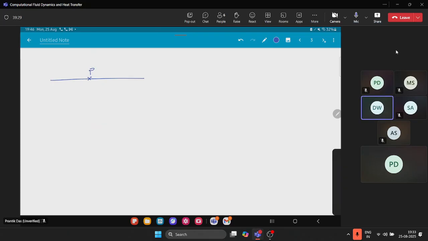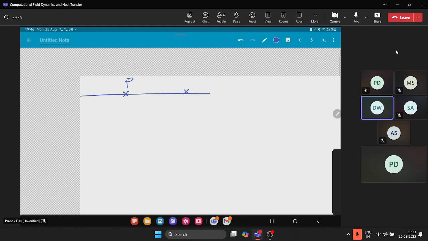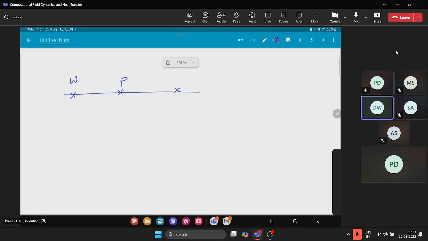Sir, is it possible for you to make the screen larger, the visibility? Yeah, I can zoom up to an extent. Otherwise I have to change slides again and again, and the equations become difficult for you to trace. So I can make the size like this. I think this is better, right?